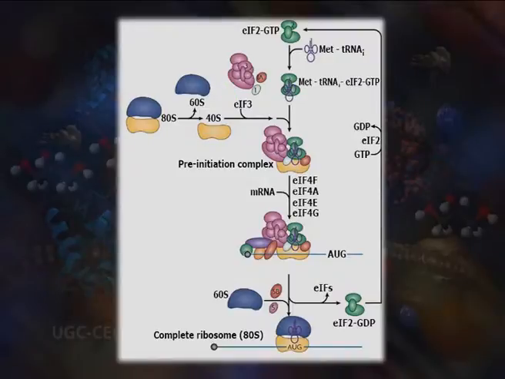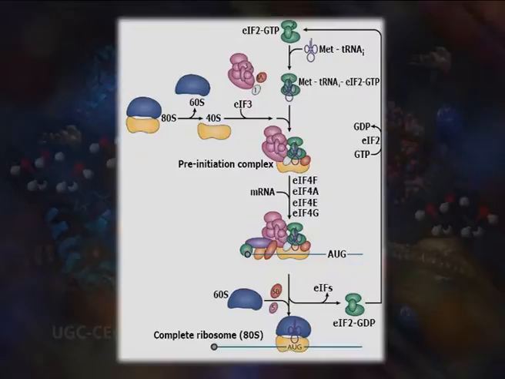The eukaryotic initiation factor 3, that is EIF3, is associated with the small ribosomal subunit and it plays a role in keeping the large ribosomal subunit away from premature binding.